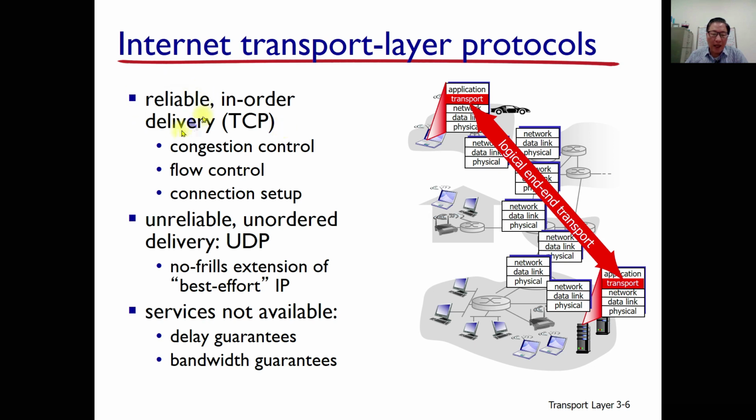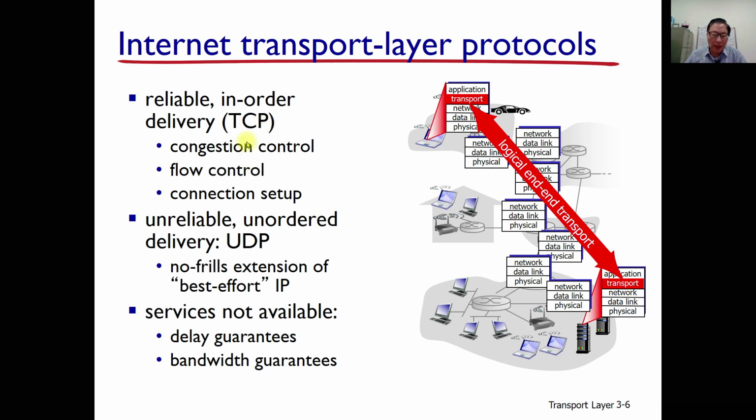To provide this, we need congestion control if there is any congestion in the network. We also need flow control, and connection setup to proceed to the next communication. This is called connection establishment, and it is a characteristic of TCP.